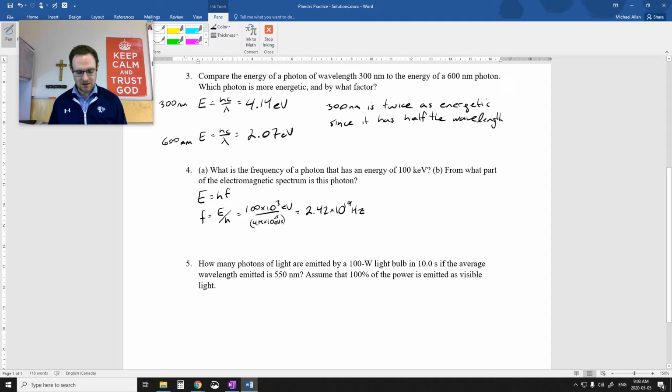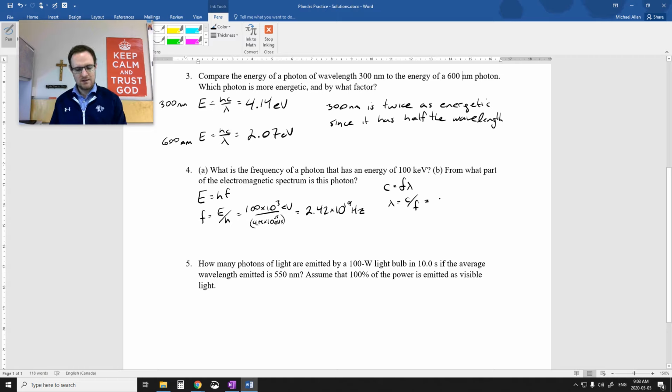But what I'm going to do here is change this into wavelength, because I'm not too fond of determining what type of spectrum it is from the frequency. So I'm going to be using c equals f lambda to find out what my lambda is. So I'm going to go with the speed of light divided by my number here.